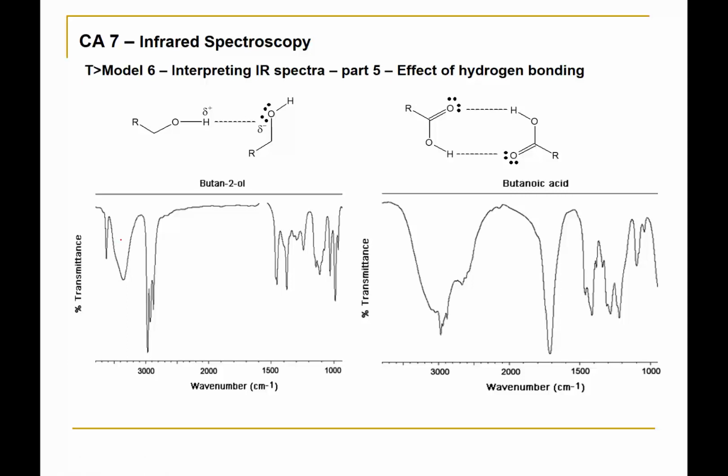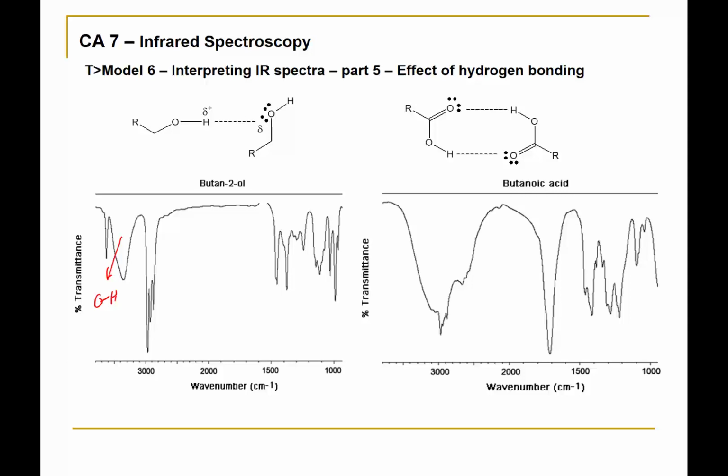So as mentioned before, this signal that's happening around 3200 to 3600 corresponds to the oxygen-hydrogen stretch of a typical alcohol. So this corresponds to butan-2-ol. As you know, hydrogen and oxygens can be engaged in hydrogen bonding with these alcohols, and this gives rise to that very broad stretch.